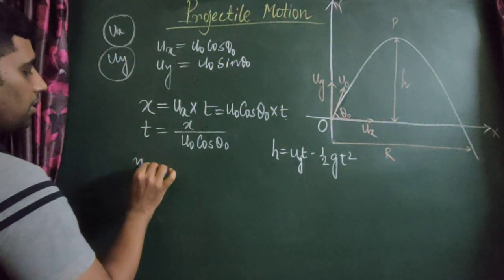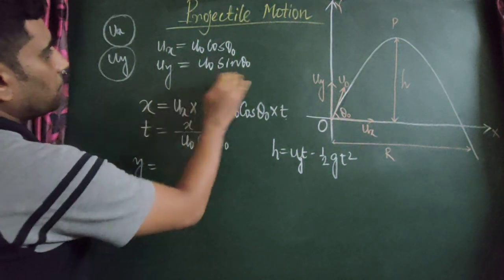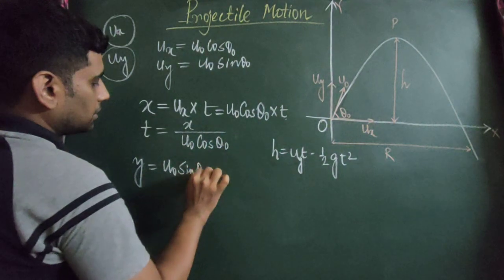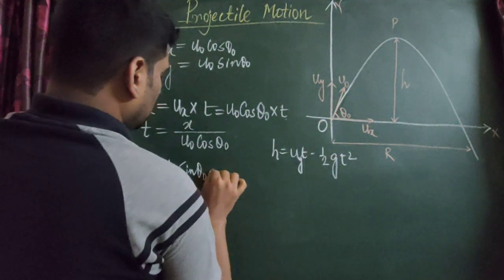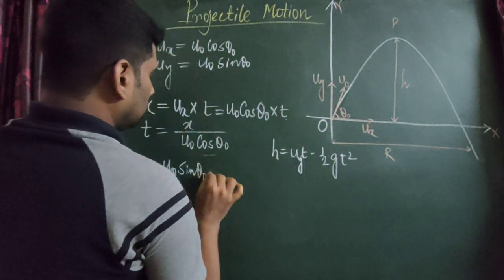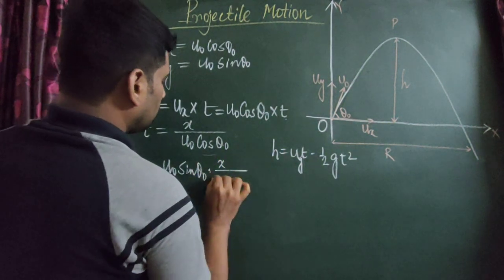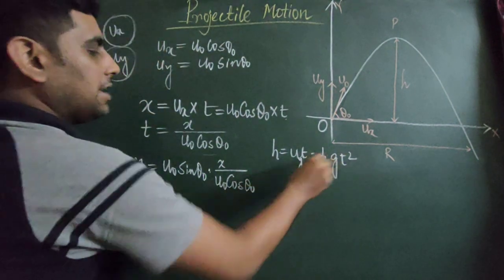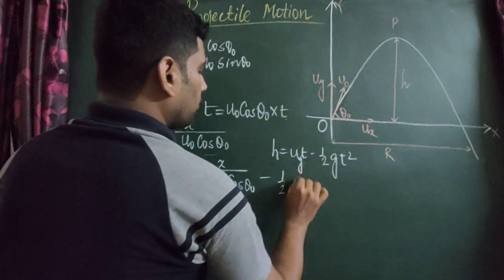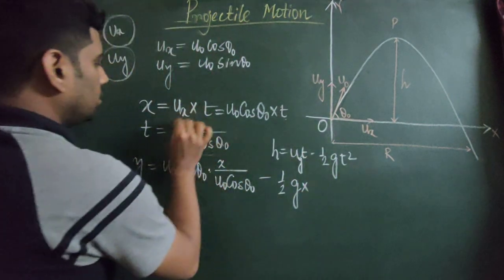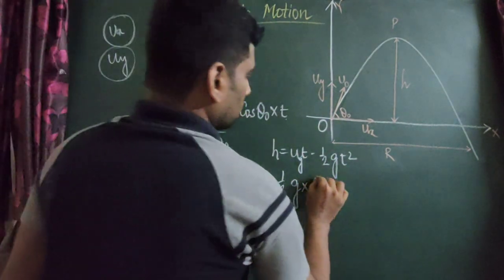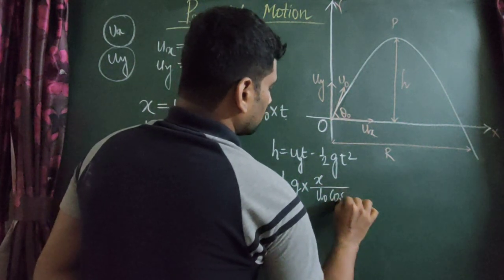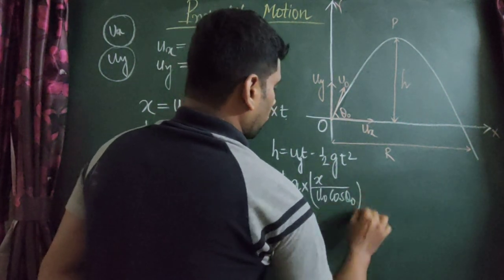So y can be written as u0 sine theta 0 into t, and in place of t I put x by u0 cos theta 0, minus half g t square, where I put the value of t: x by u0 cos theta 0, whole square.